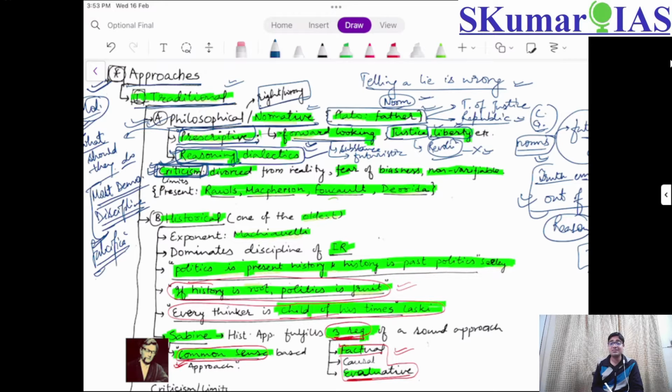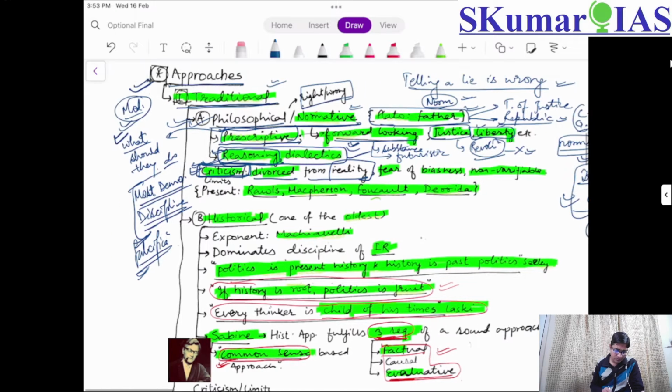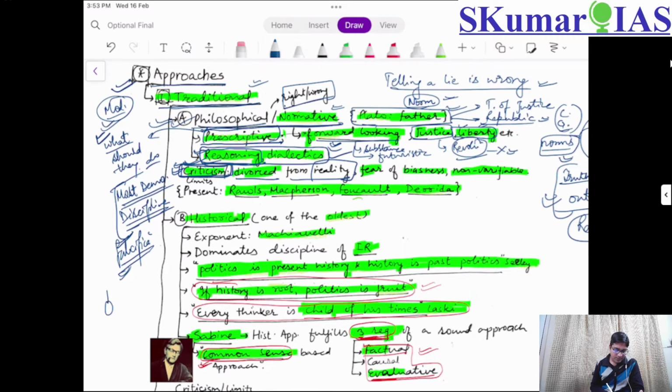Falsification principle basically means that it is always open for criticism, and the criticism of the traditional approach is that it is divorced from reality. We say, this man is floating in the air, talking nonsense, which is not standing on reality. As Marx says of Hegel, that Hegel is standing on his head. That basically means it's upside down. And that sort is the criticism of the normative approach.